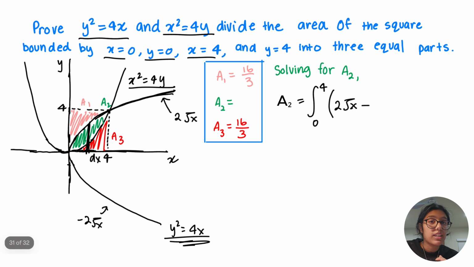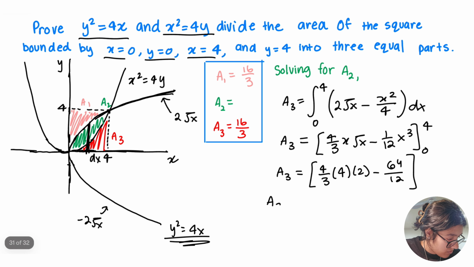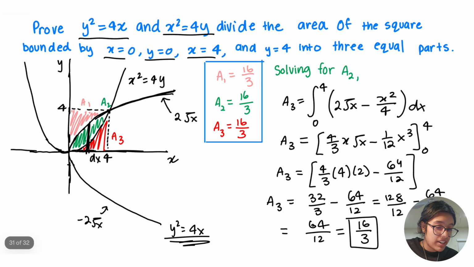But once again, we need everything in terms of y, so y is equal to x squared over 4 dx. And from here, we can start solving it. And we are left with 16/3 once again. So since all of them have the same area, we have proved this statement.